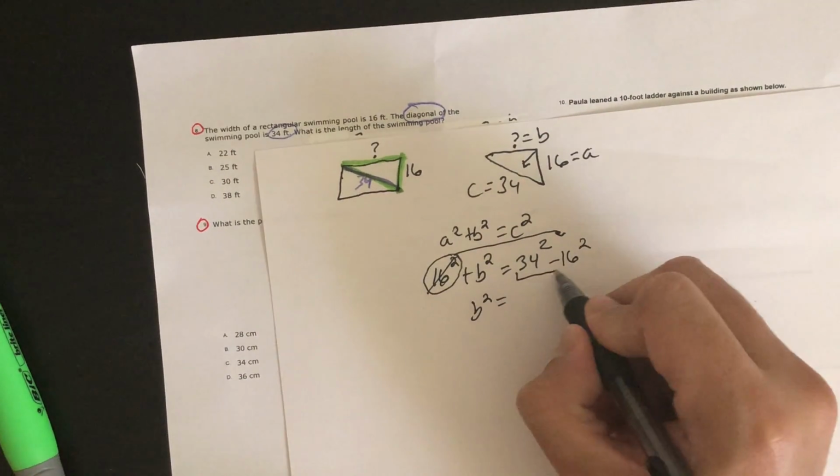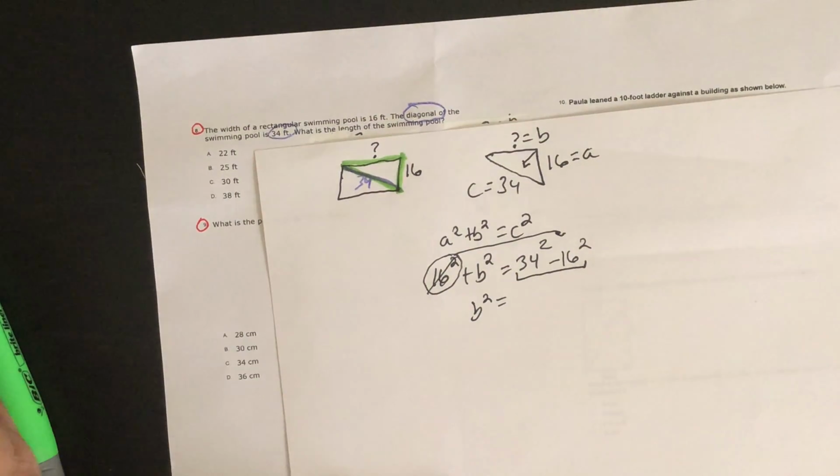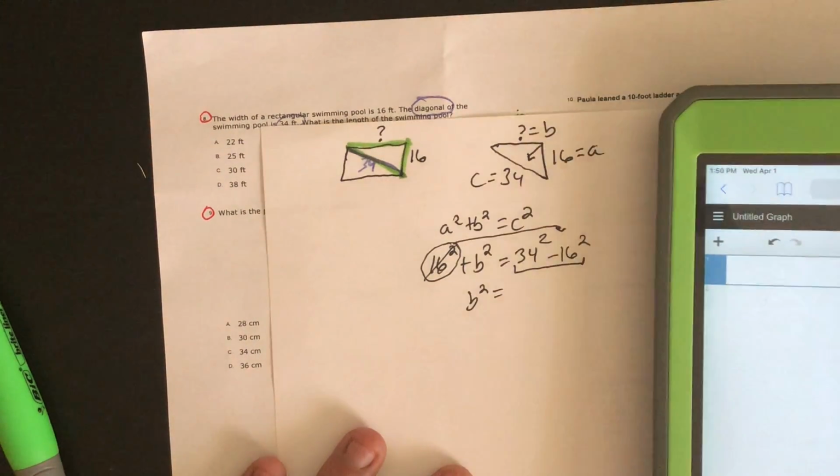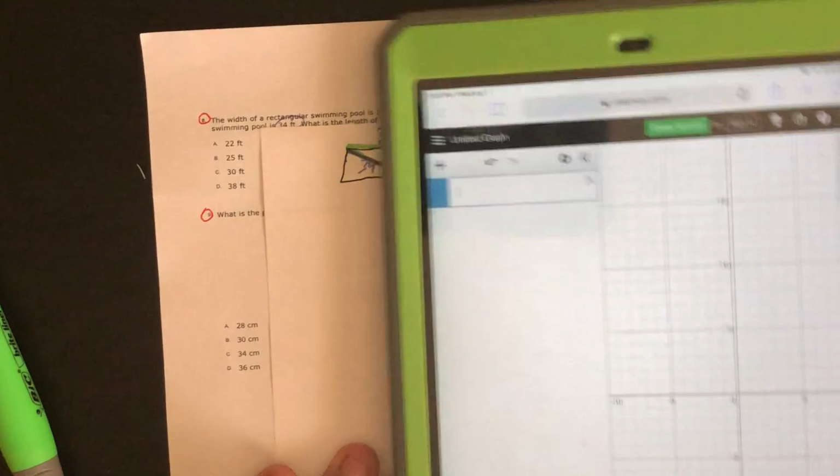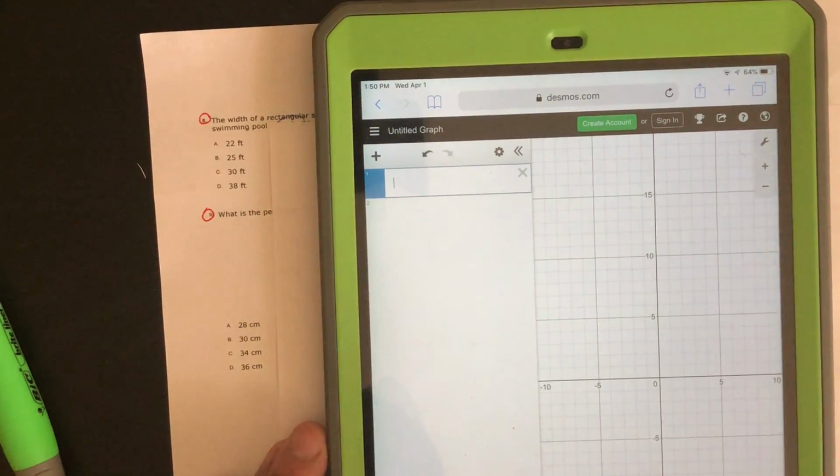So now using Desmos, you can open up another tab, use your phone, or just go to Desmos on a tablet, okay? And we are going to type in this information. So 34 squared.